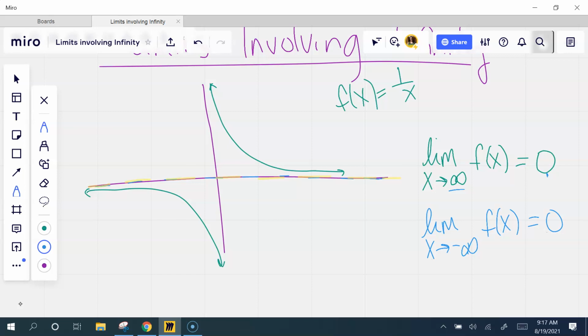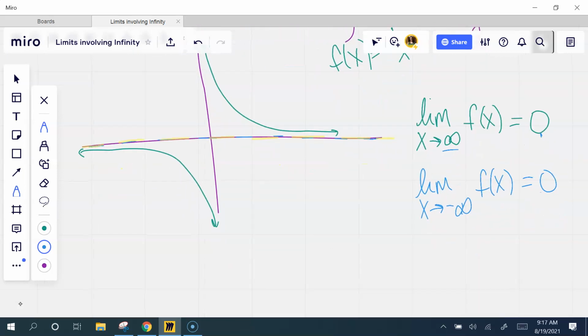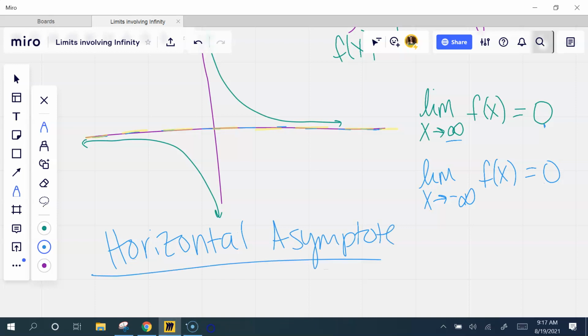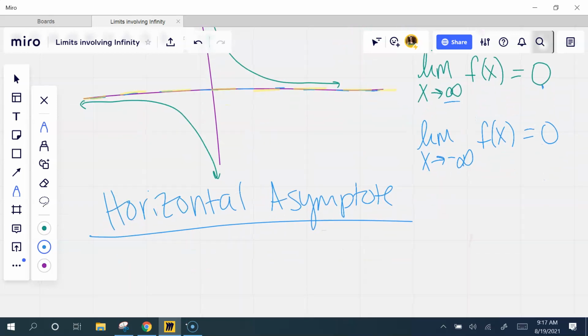And still there's an asymptote here. So in fact, what we have just defined is the term horizontal asymptote in calculus terms. Here is the definition of a horizontal asymptote.